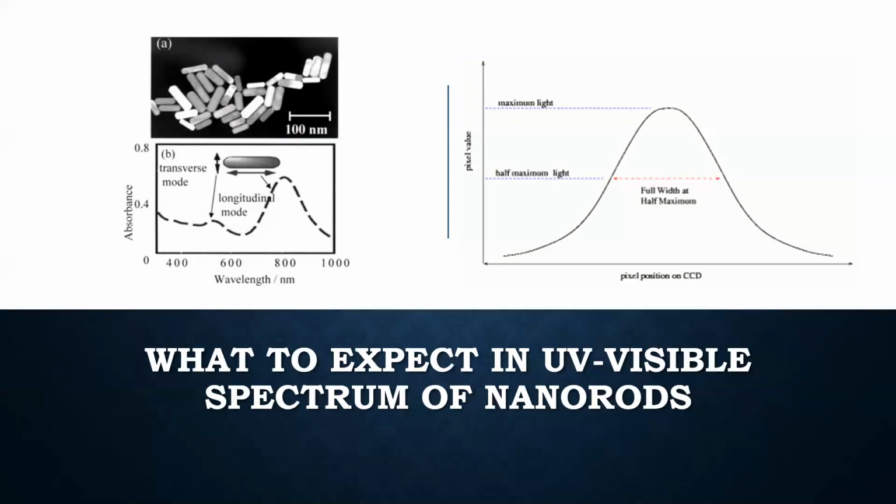Herein, we tackle one of the fundamental issues of gold nanorod synthesis, uniformity. From the UV-vis spectrum we can easily tell whether the rods are uniform or not by the full width at half maximum of the longitudinal peak of the rods.